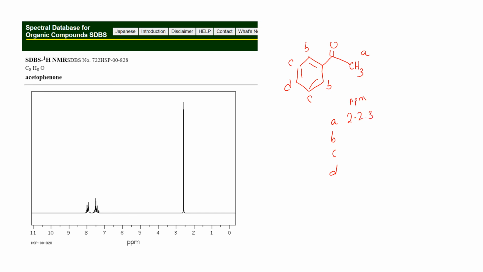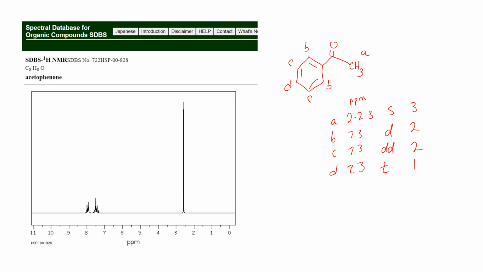B would be 7.3. All of these we would just say are 7.3, just to get in that area. All right, A would be a singlet, worth 3 hydrogens. B is coupled to C, so it's a doublet, worth 2 hydrogens. C would be a doublet of doublets, worth 2 hydrogens. And D is a triplet, worth 1 hydrogen.